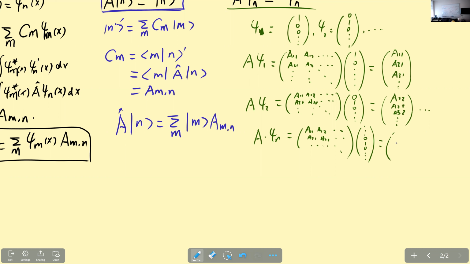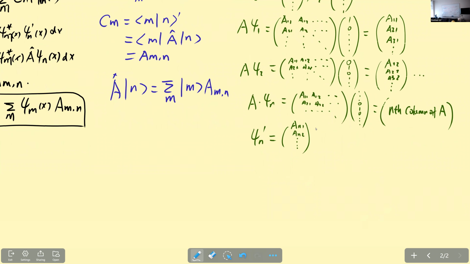Just gives you the nth column of the matrix A, right? Okay, so this immediately means that the percent M prime just equals A M1, A M2, so on and so forth. Okay, right.